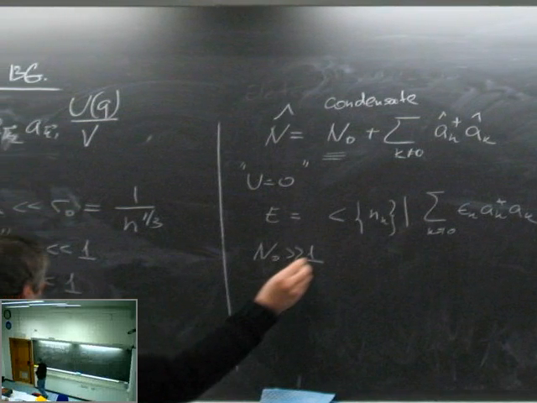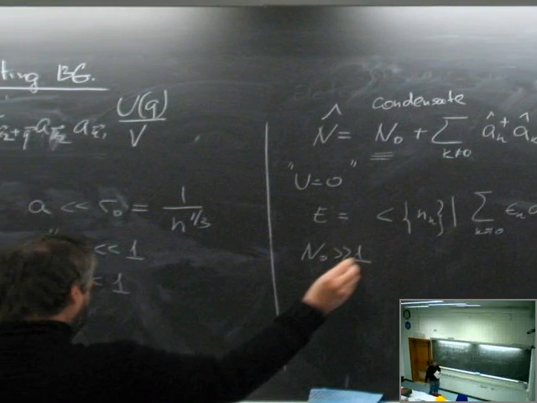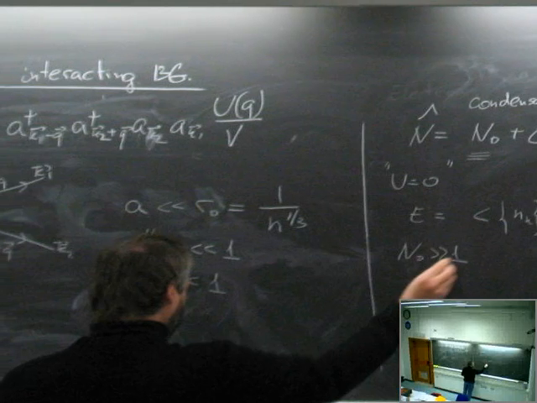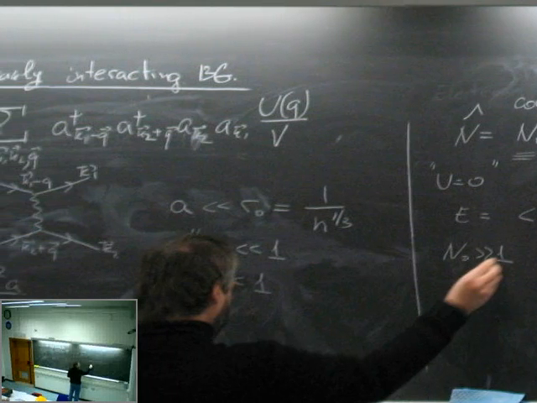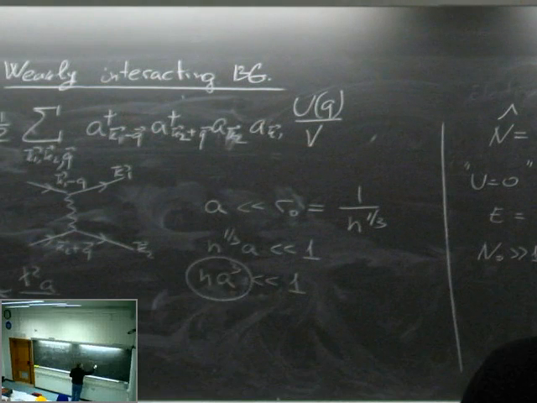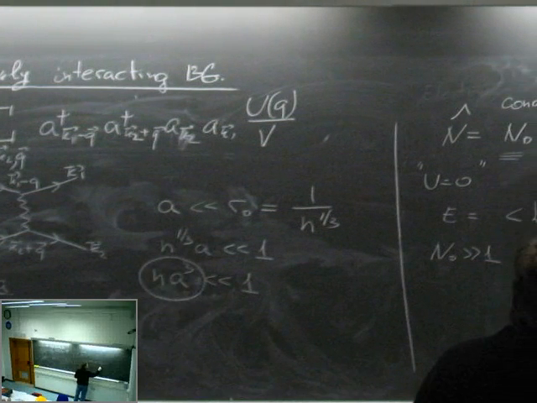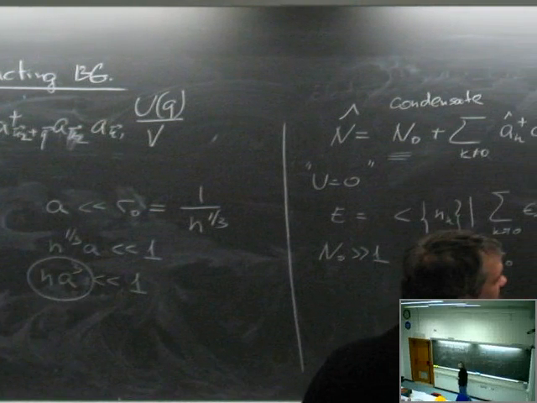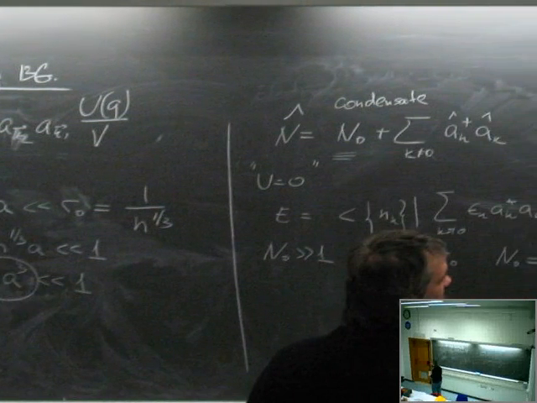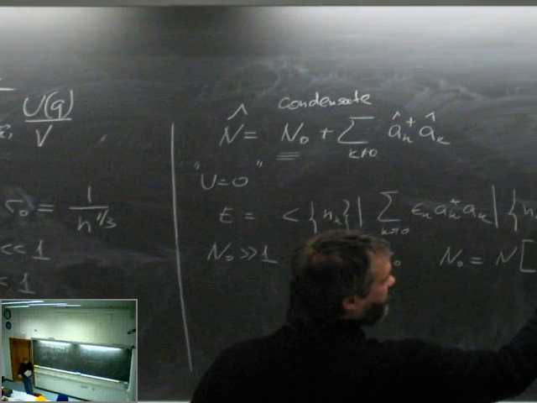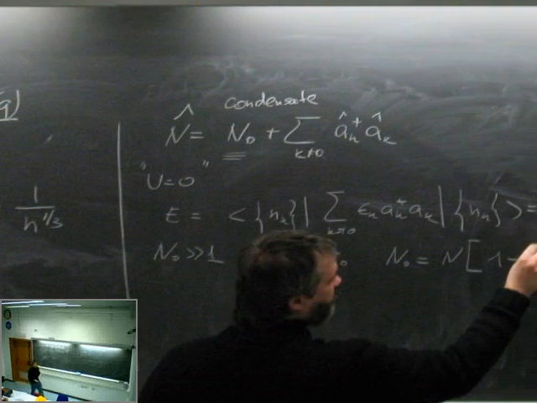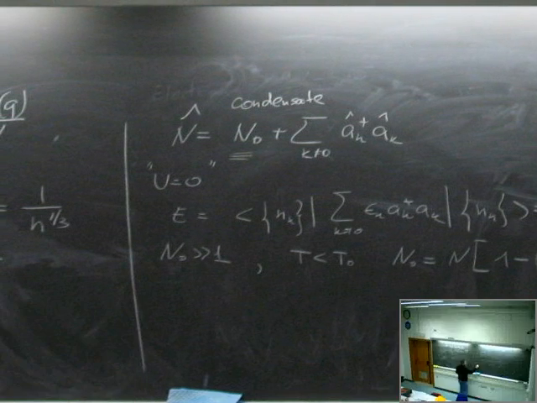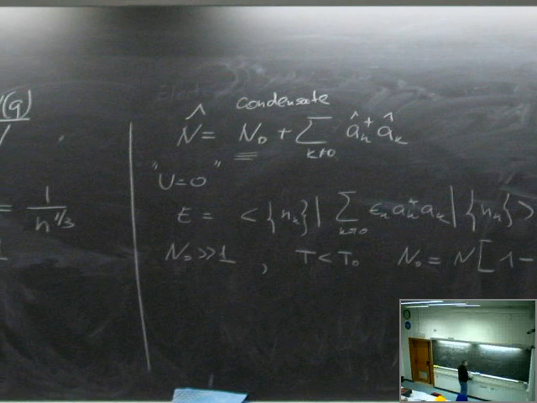As I said, we will be doing calculations now for temperatures smaller than T_0, and N_0 is equal to N times 1 minus T over T_0 to the power of 3/2. Then the smaller the temperature is, the more particles are in the condensate, and at temperature equal to 0, this number coincides with the total number of particles, and N is, of course, macroscopically large, 10 to the power of 23.